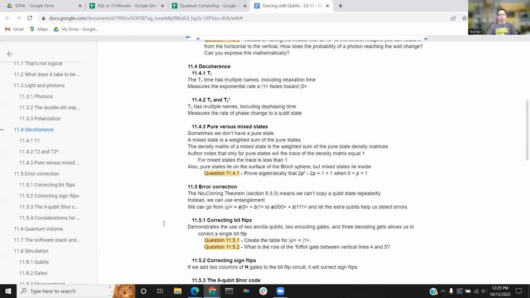And then the author also mentions this business of pure versus mixed states. It's just like incidentally come up. I don't think we've really gotten a good handle on when exactly this happens, but one thing to know is that if you have a qubit, a logical qubit that's in a pure state, then the noise that happens to it might not just simply be this T1 and T2 kind of decay.